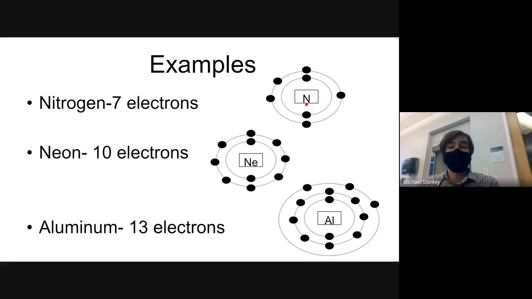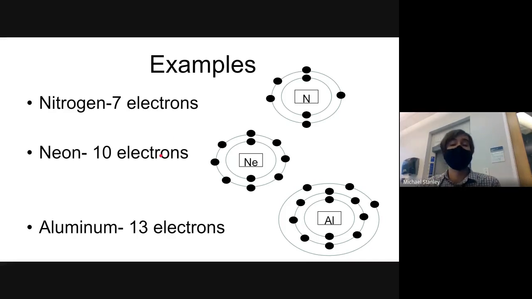And then 7 electrons means on the first shell, we put down 1 electron, 2 electrons. And then on the second shell, we have 5 electrons left over, and we can fit all 5 of those on the second shell. So nitrogen has 2 on the first shell and 5 on the second shell to give us a total of 7 electrons.